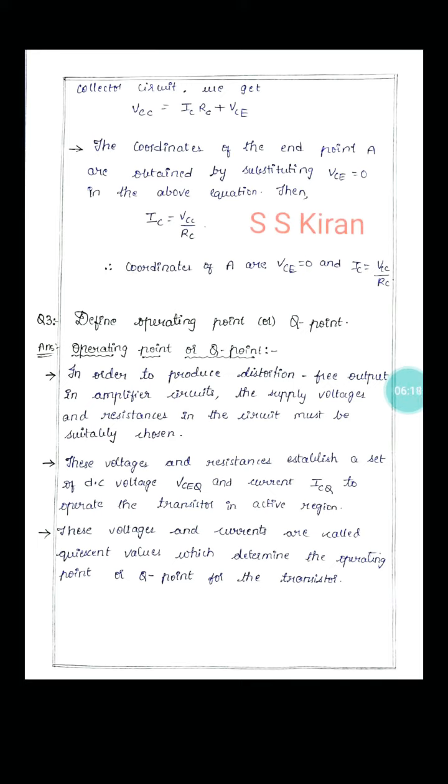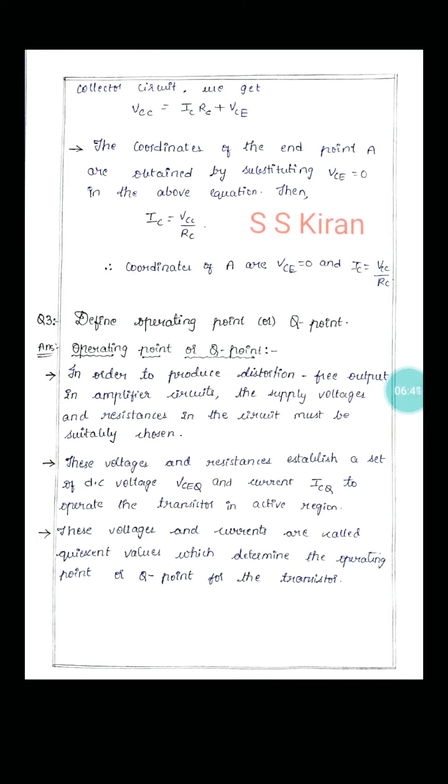Why do we observe this Q point at active region? We will see how we can observe in active region. Good. These voltages and resistances establish a set of DC voltage, that is called VCEQ, and collector current ICEQ.